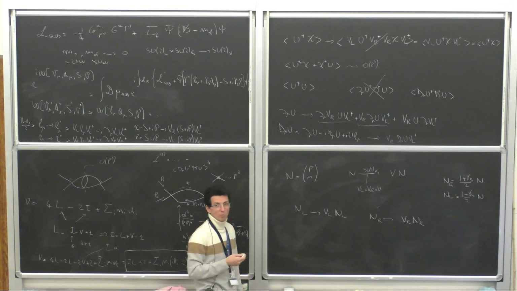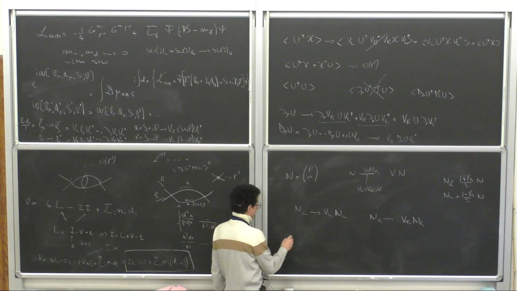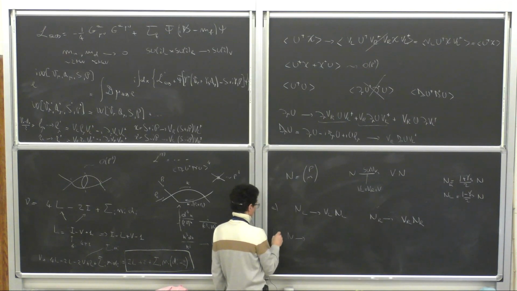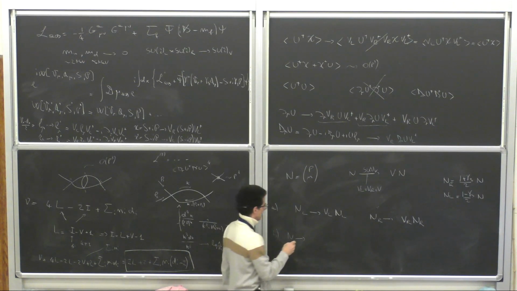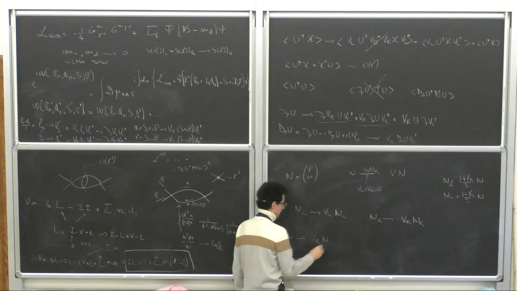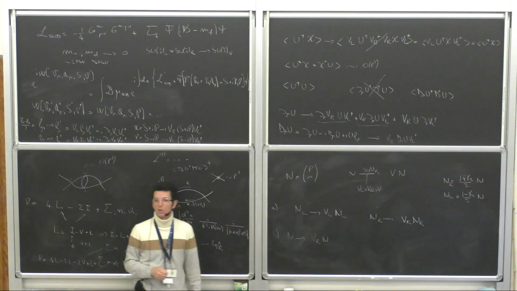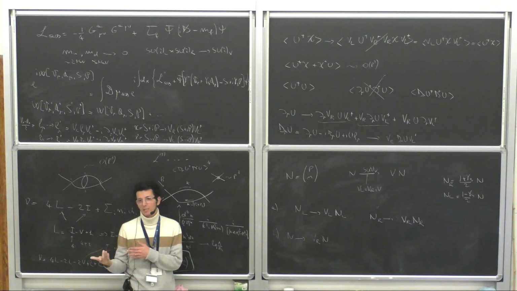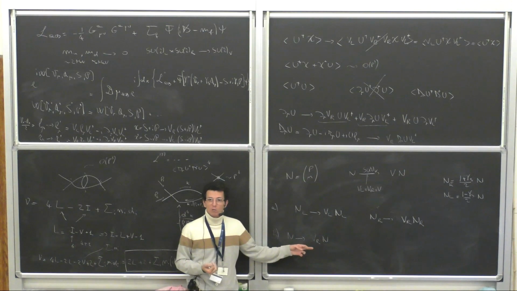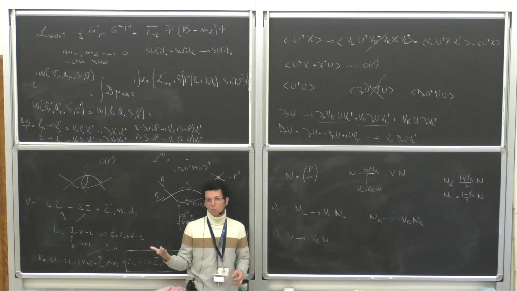But it's not the only possibility. One could say, for instance, possibility B, that N transforms like the right transformation. Both left and right chirality of the nucleon fields can be taken to transform according to the right transformation.